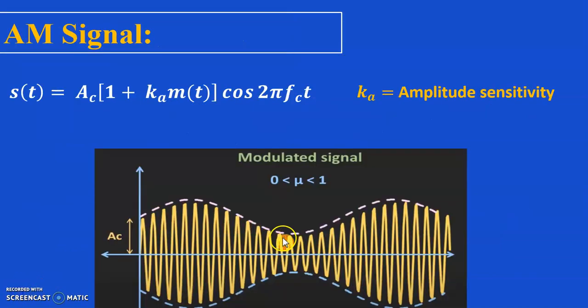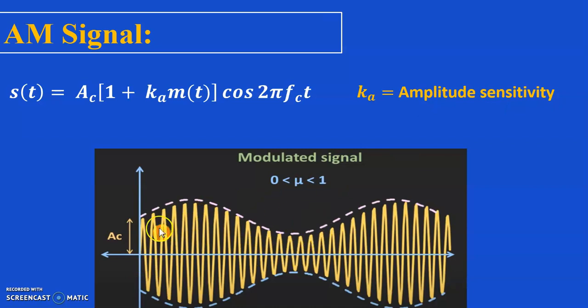But before that, let us quickly revise a couple of points. So this expression shows the generalized expression of the AM signal, where k_a is the amplitude sensitivity.